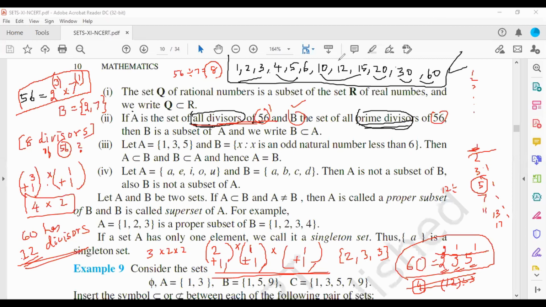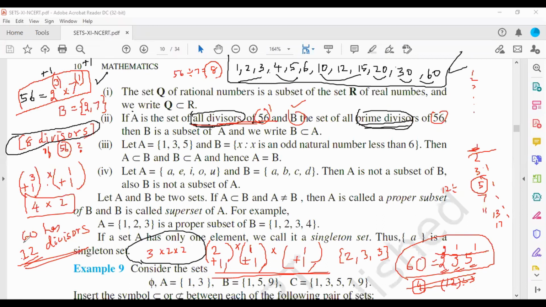The point in your own interest: how can we find all divisors of a composite number? You are in 10th standard, you are doing the prime factorization. Now something new, a shortcut I am giving you: take one more of all the powers and multiply those numbers.